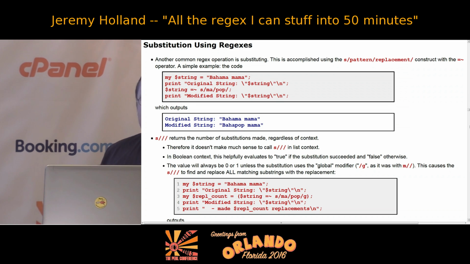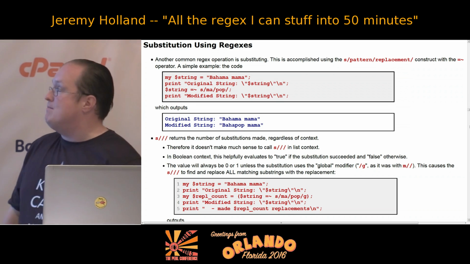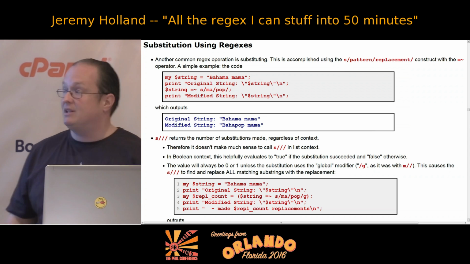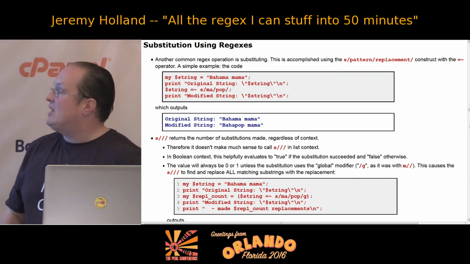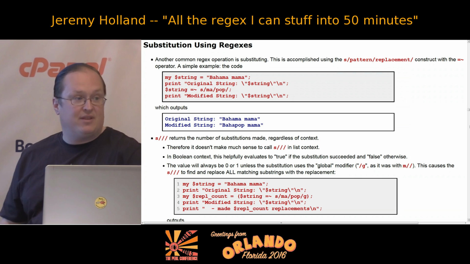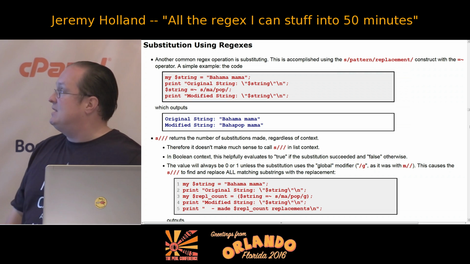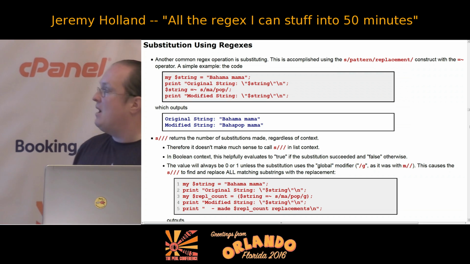Regardless of context, S returns the number of matches made. Doesn't make a lot of sense to call it in list context. But in Boolean context, this helpfully evaluates to true if at least one thing was substituted and false if nothing happened.